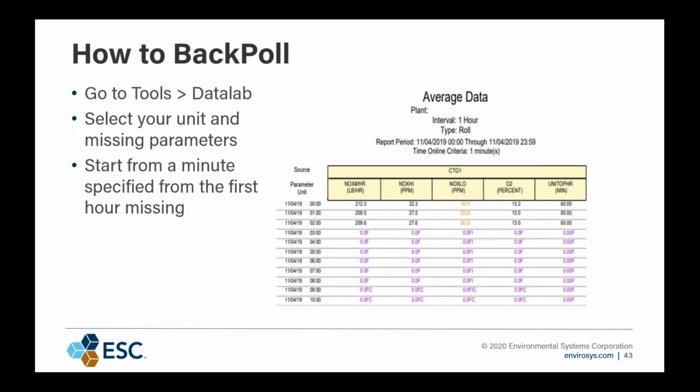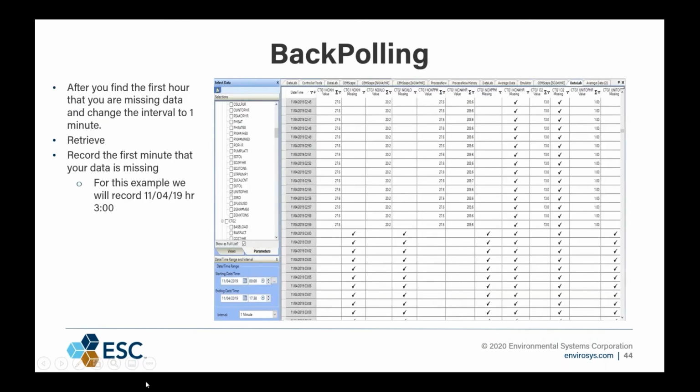So that'll be this NOx pound per hour, NOx high, NOx low, O2 unit op hour. And you're going to want to look at the first hour that you start missing data that should have been online. You can usually only look at one parameter, as if you lost communication, it'll be across the board. So you don't necessarily have to look at all these parameters.